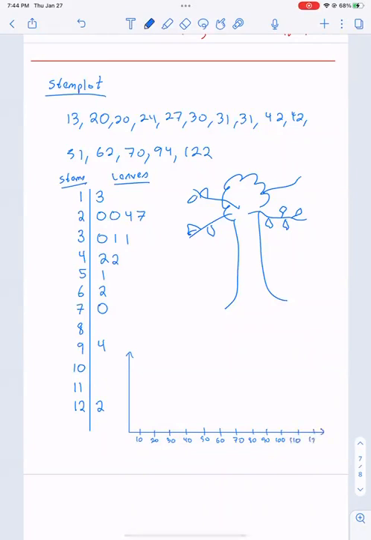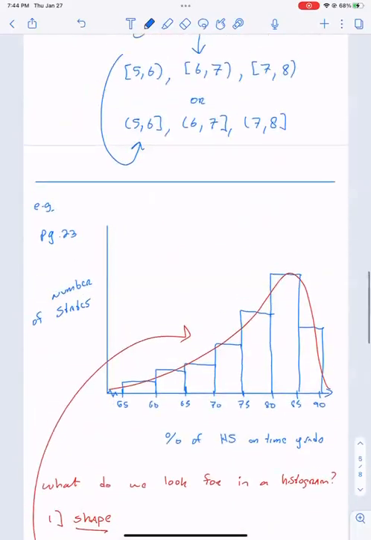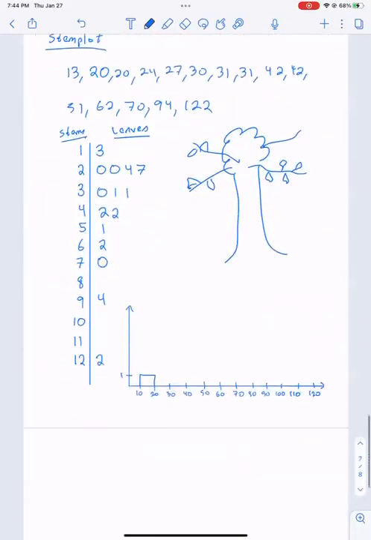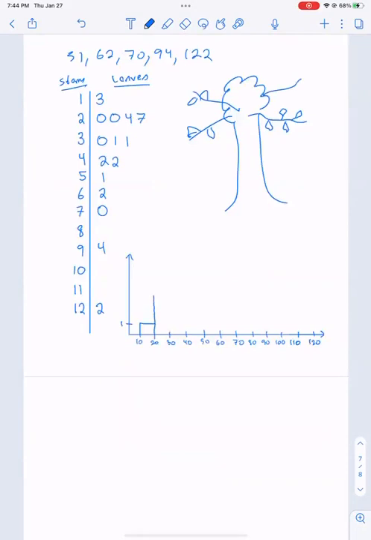And 120. So from 0 to 10, we have nothing. From 10 to 20, we have 1. From 20 to 30, we have 4, four times as high. And then 30 to 40, we have 3. And then we have 2 from 40 to 50.